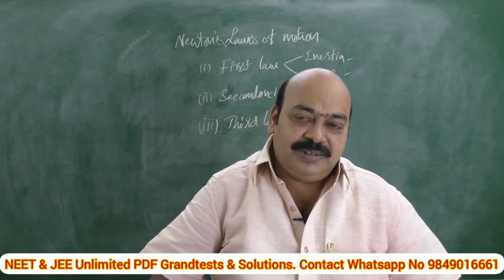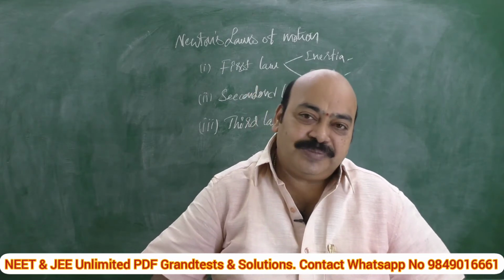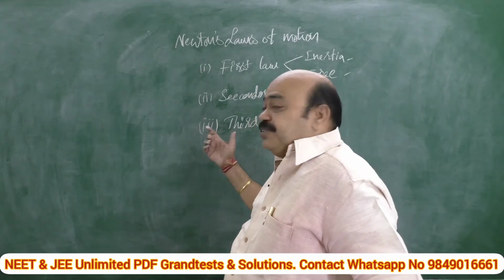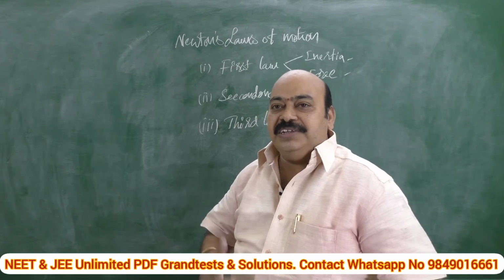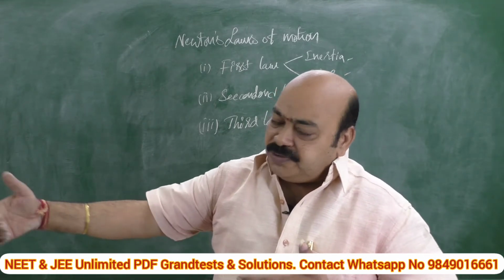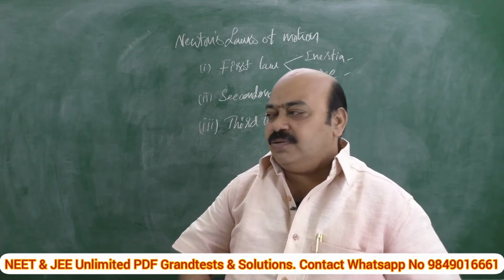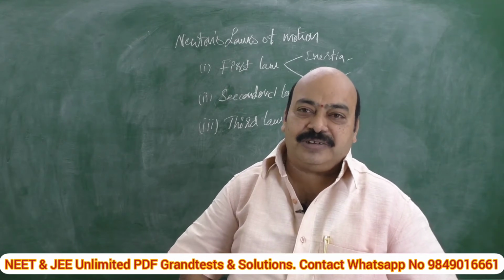Option C, 2000 newton. Option D, none. Unless you observe this third law keenly, in a systematic way, it is difficult to answer this question. Each team is pulling the rope with a force of 1000 and 1000. Then the net force is 1000 plus 1000, 2000 is the answer. This is one of the possible answers.